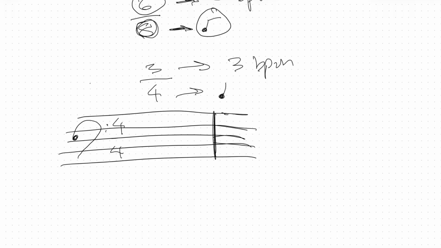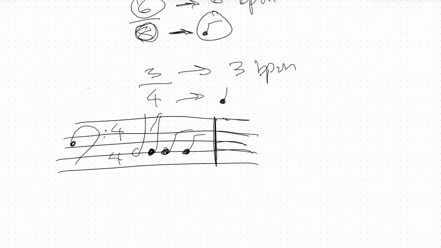Now, how does this help us make sense of note values? Well, you see here, we have a little example of a 4/4 time signature with the staff lines and everything. And here I'm going to put a half note, a quarter note, and two eighth notes.